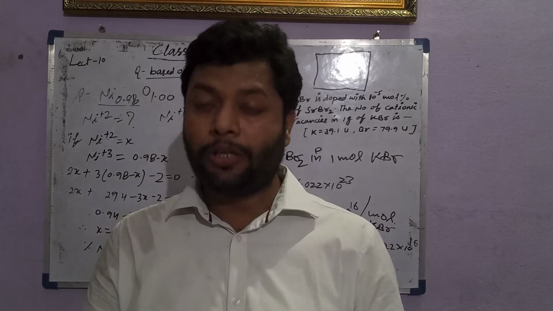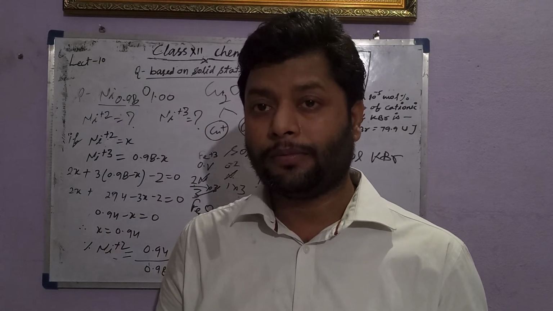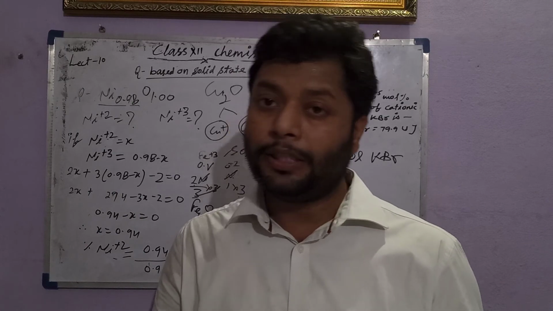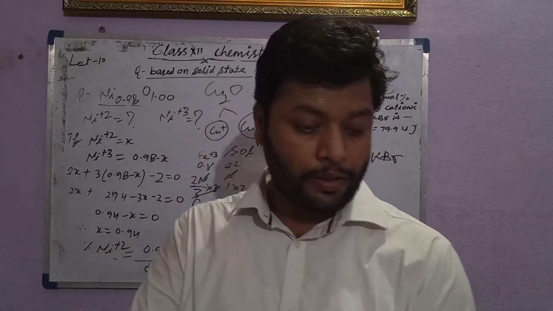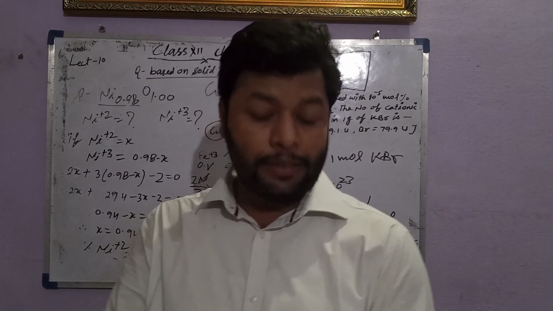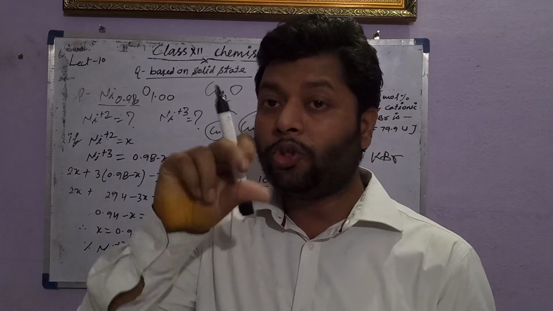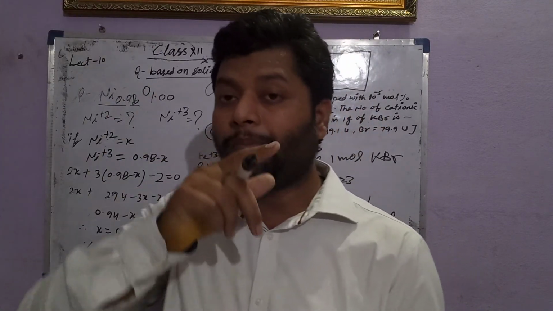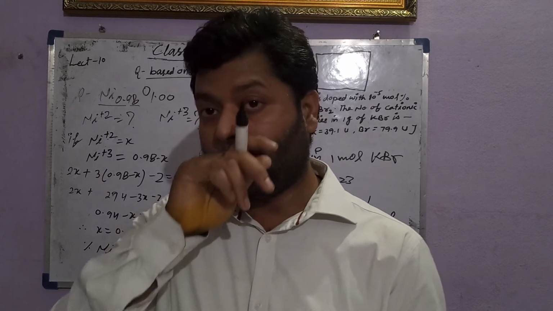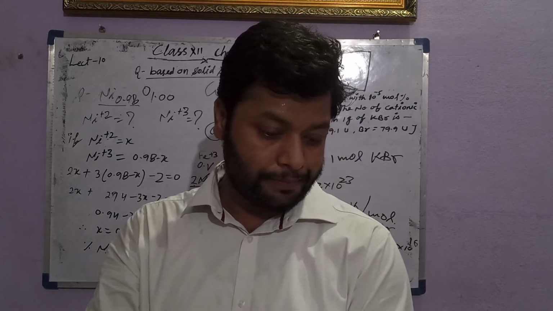Boron doped with silicon: higher valency and lower valency will give an n-type. Boron belongs to the 13th group, silicon belongs to the 14th group. So they will give a n-type semiconductor.